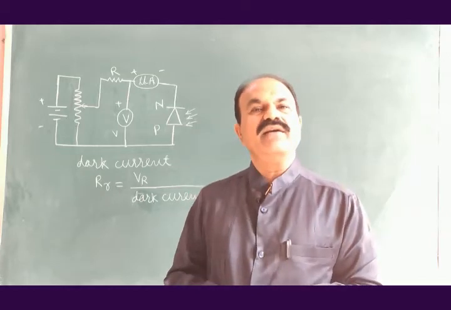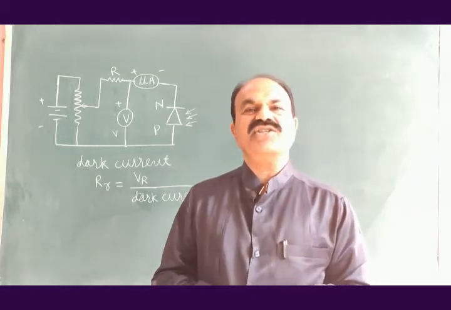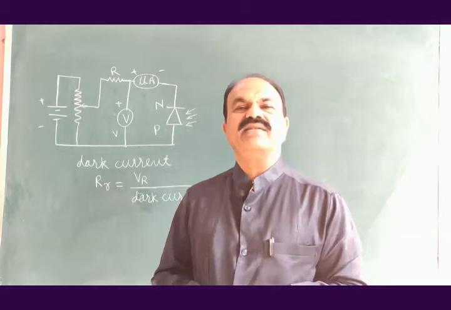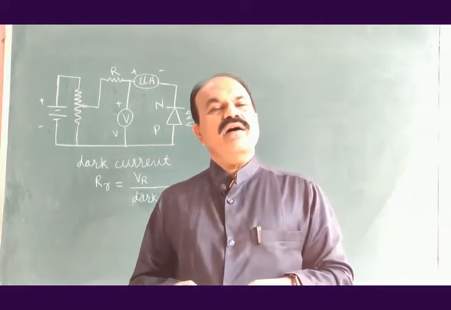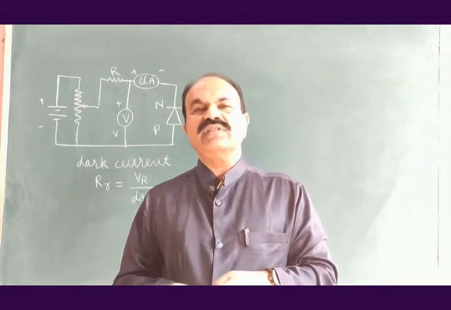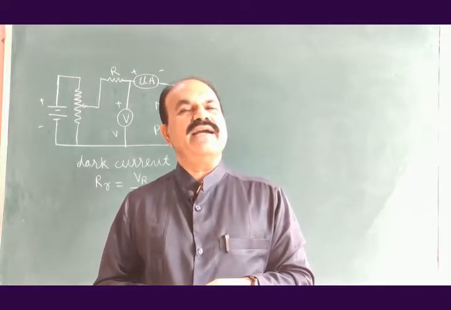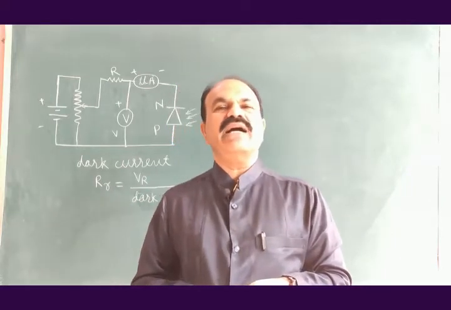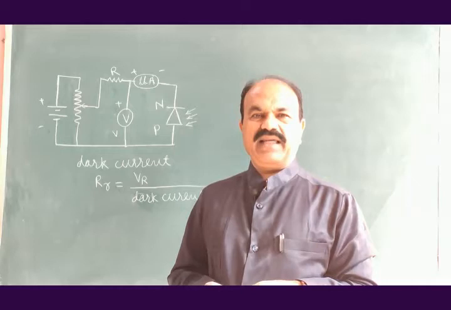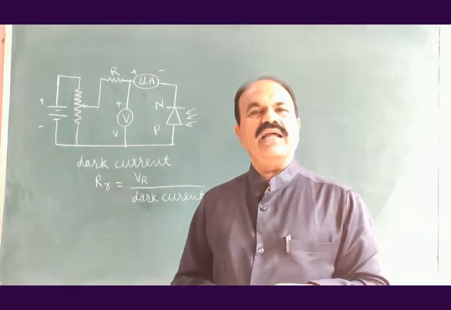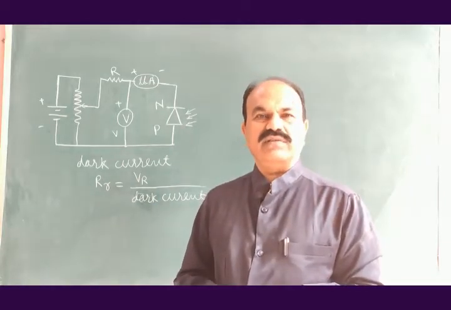They will break the bond and jump to the conduction band, making more electrons in N type and holes in P type available for conduction, and therefore a large current may flow.